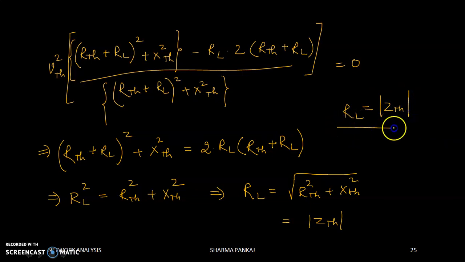It means that the value of RL for which there is a maximum transfer of power from source to load is this: the load resistance RL should be equal to the magnitude of the internal impedance of the circuit.